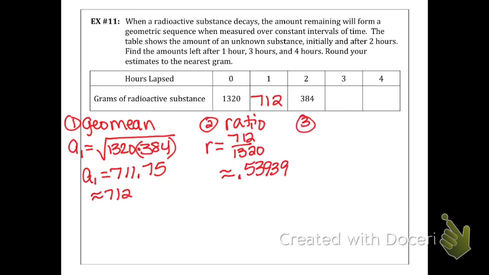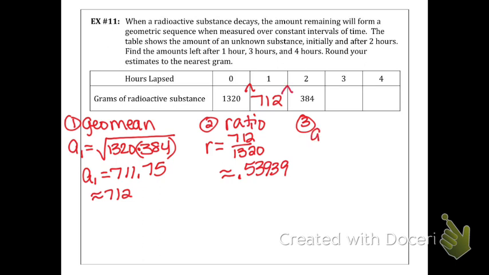Remember, geometric works as the previous number times the r value. So if I take 1320 times 0.53939, I should get about 712. 712 times 0.53939 should give me about 384.